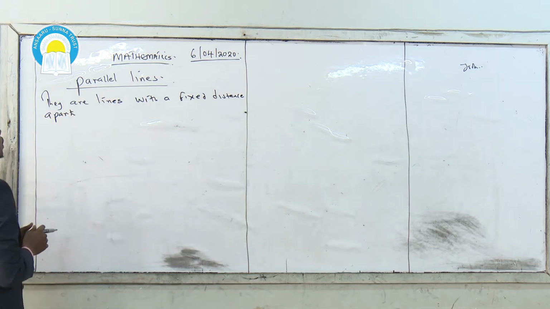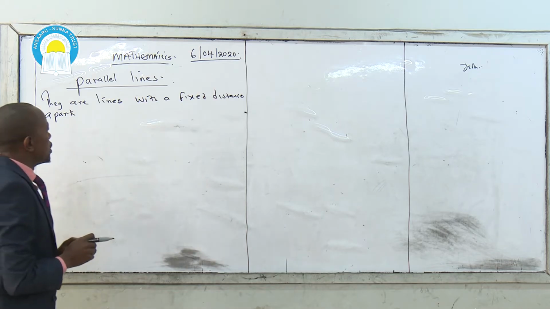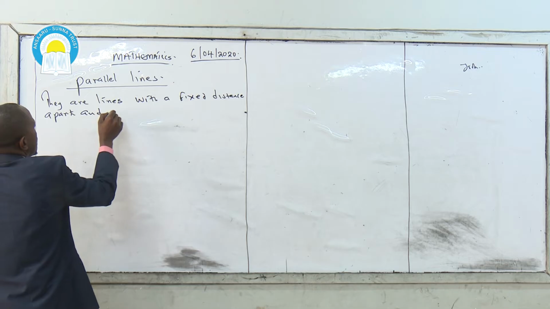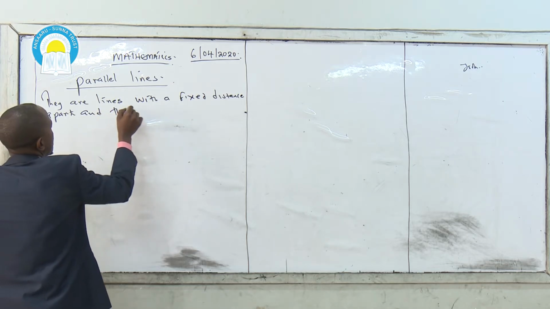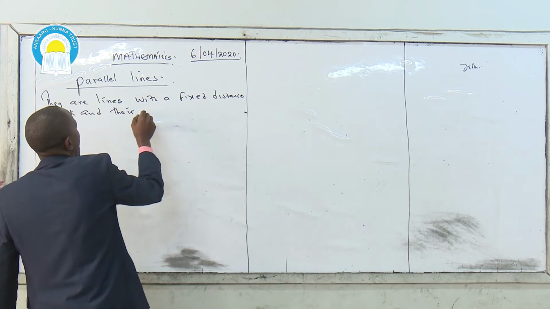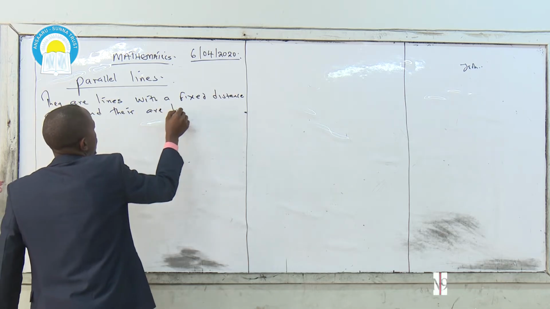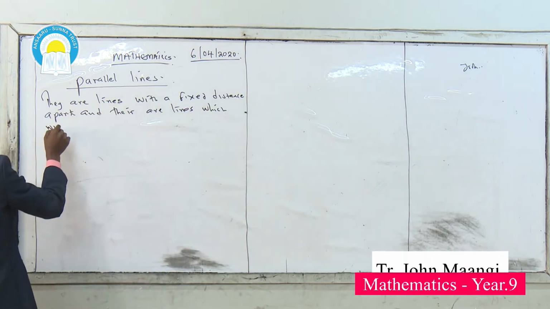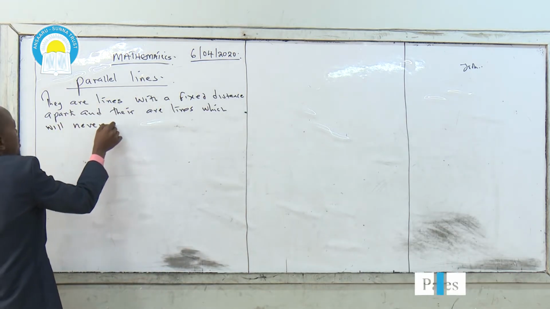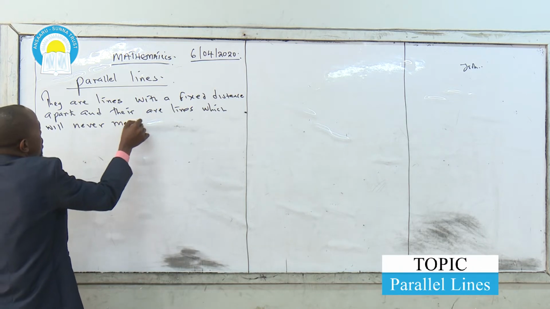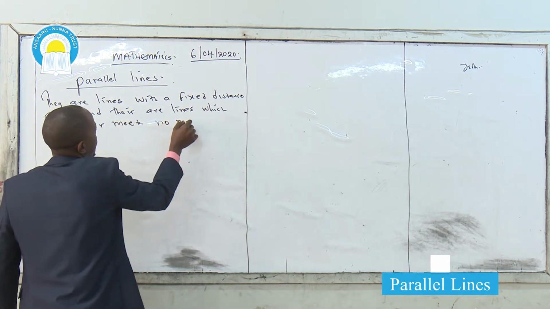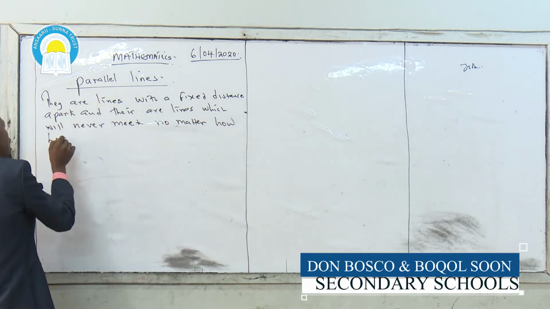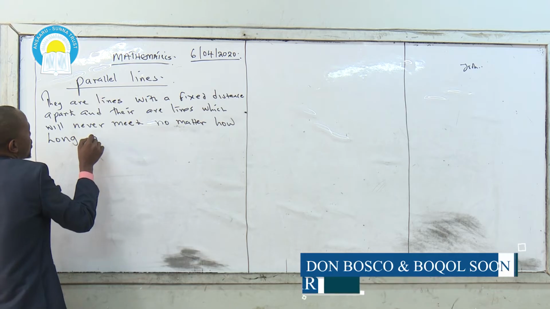They are lines with a fixed distance apart, and they are lines which will never meet, no matter how long you extend them.